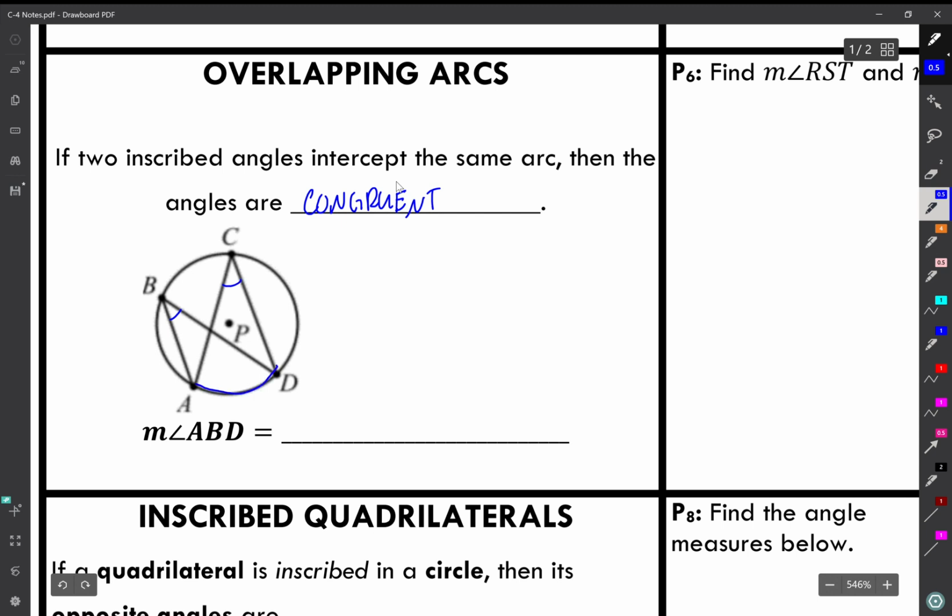So because of this, we are going to say that they're congruent, or we'll say that their measures are equal. So the measure of angle ABD is equal to the measure of angle ACD, because they both intercept arc AD.